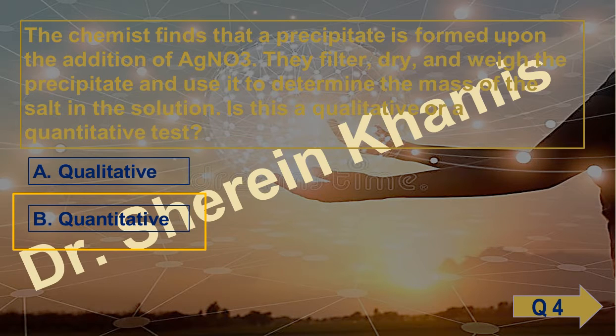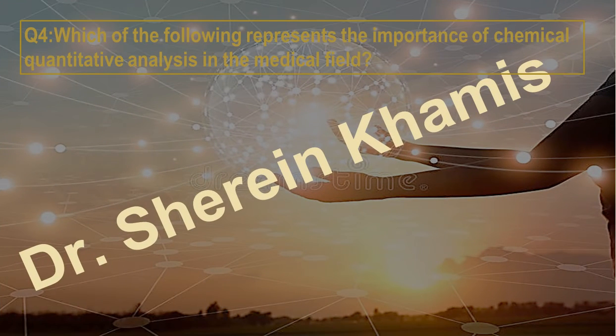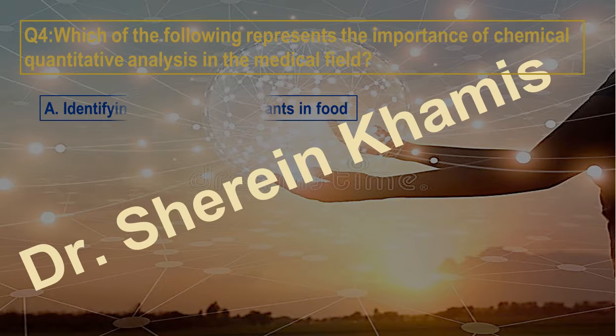Let's go to the fourth question. Which of the following represents the importance of chemical quantitative analysis in the medical field? Okay, we will go through the importance in each field where we use quantitative or qualitative methods of analysis.